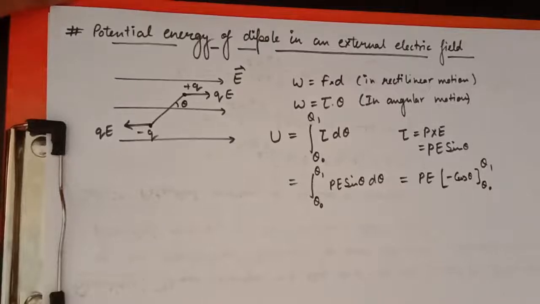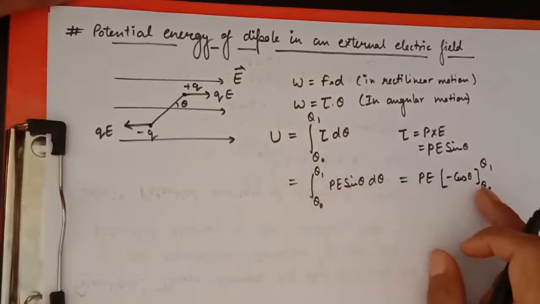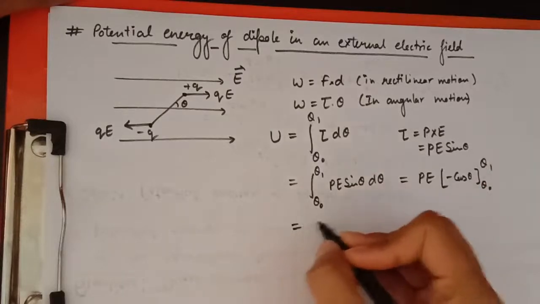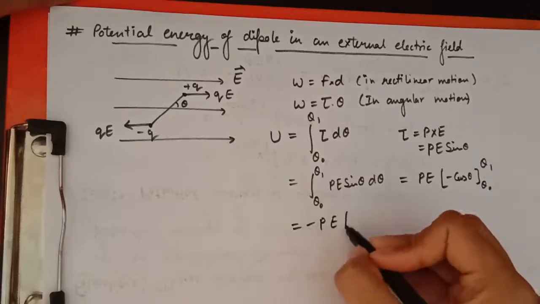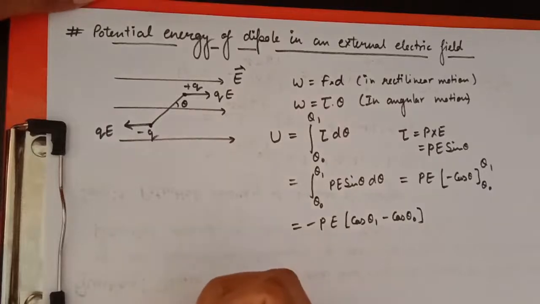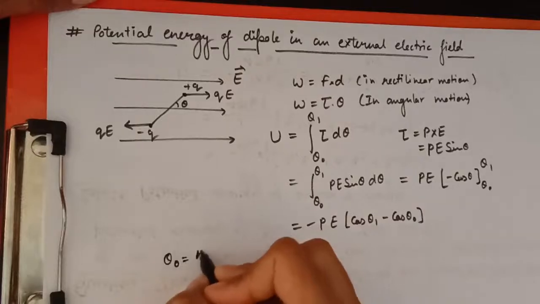After integration, we get PE, and the integration of sin theta is minus cos theta, from theta naught to theta 1. So here we get minus PE cos theta 1 minus PE cos theta 0. As a reference point, we take theta naught equal to pi by 2.